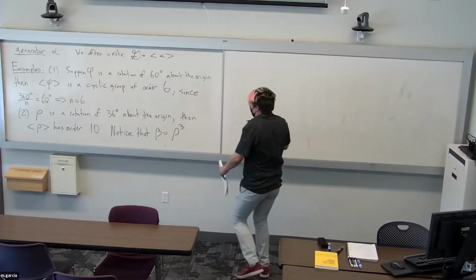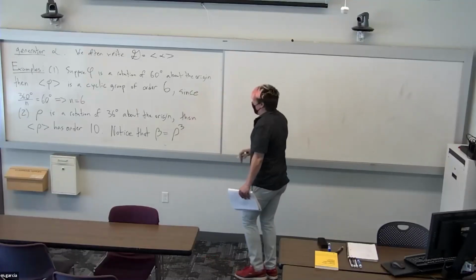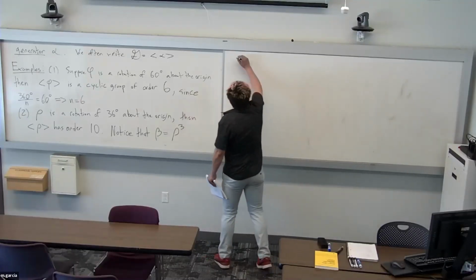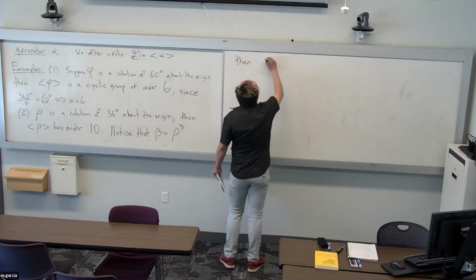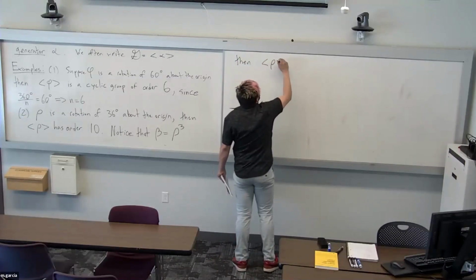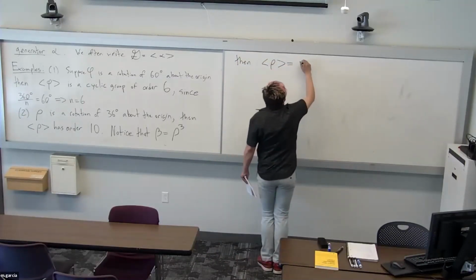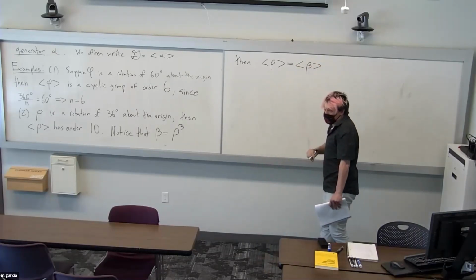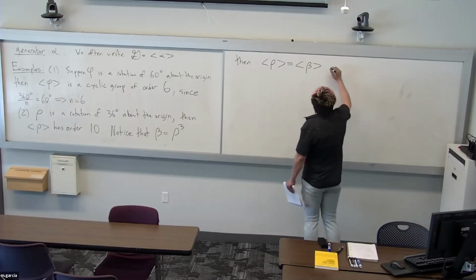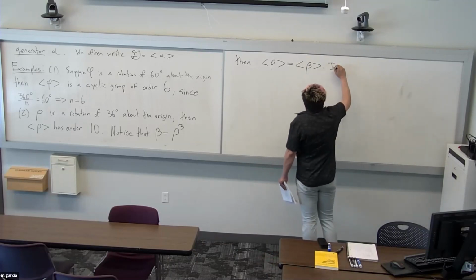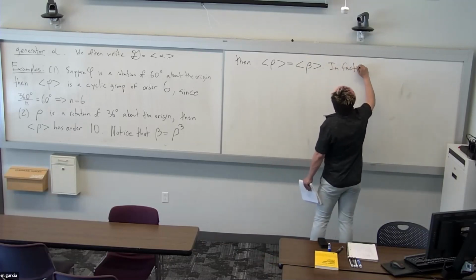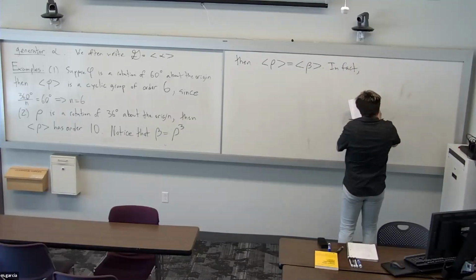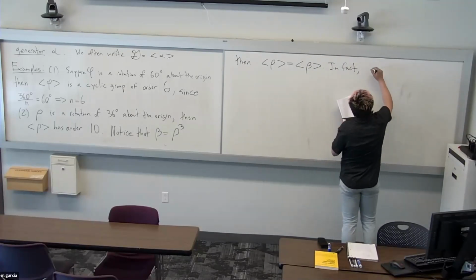Notice that if you set beta equal to rho cubed, then the cyclic group generated by rho is equal to the cyclic group generated by beta. And in fact, there's more we can say.